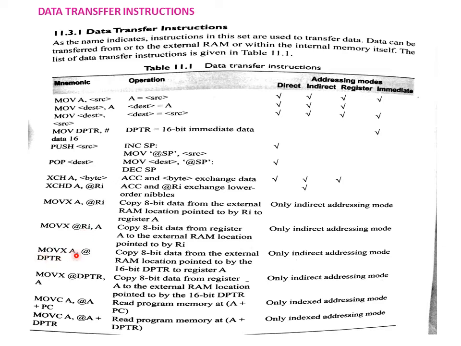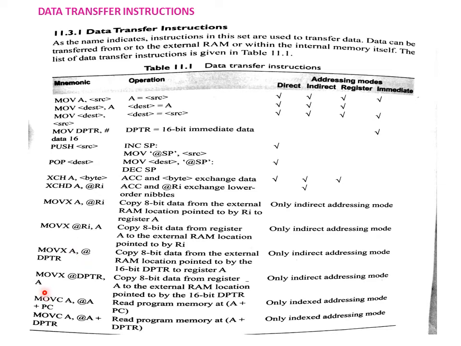Next, MOVX A comma @DPTR. What location is the data pointer pointing to? That location is an address. @DPTR, nothing but DPTR stores the data, but the @ specifies the address. Now in that address location, whatever data is present is going to be moved to the A accumulator register.